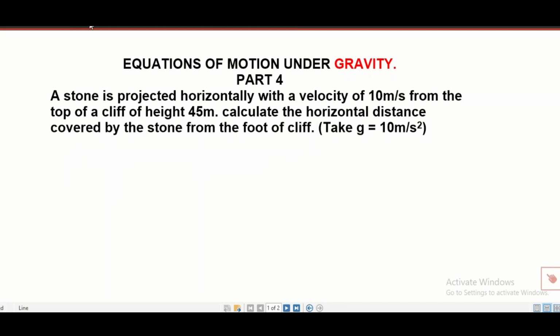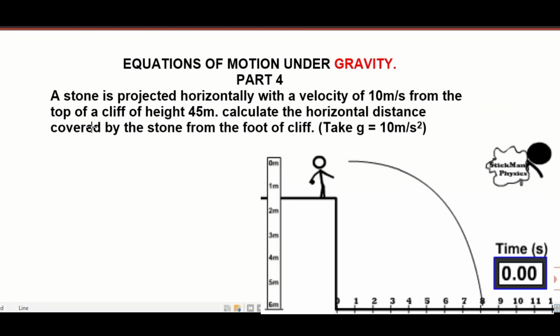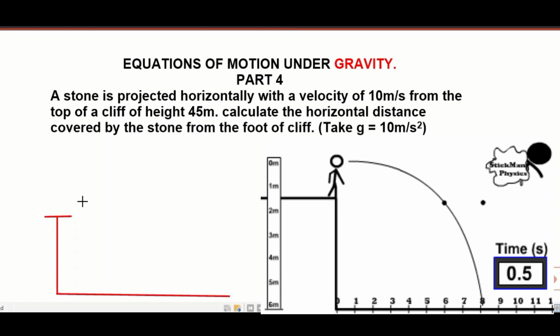So we have that a stone is projected from the top of a cliff. Let's assume this is the cliff, and this is the horizontal ground, and this is the stone.